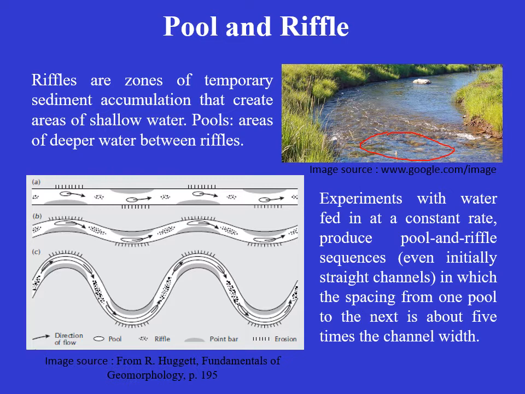So this is called a riffle, whereas these portions, in case of a meandering river, the concave bank, these have the maximum depth of river water, and it is known as pools.